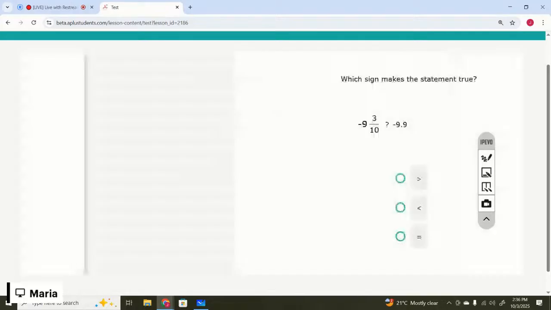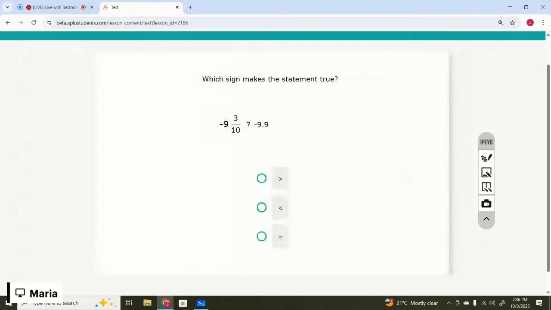Next, negative 9 whole 3 by 10 and negative 9.9.